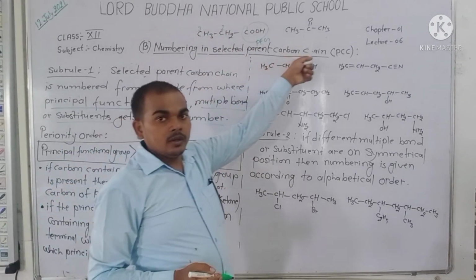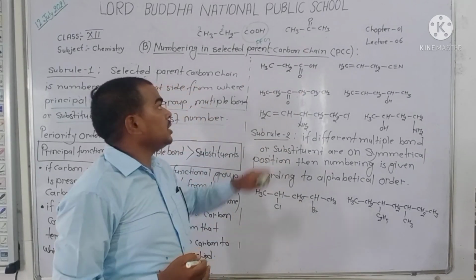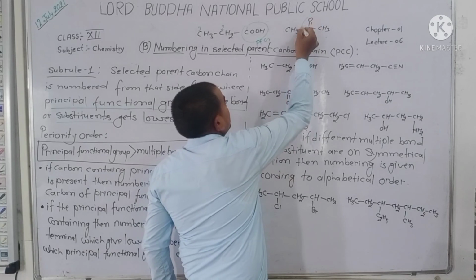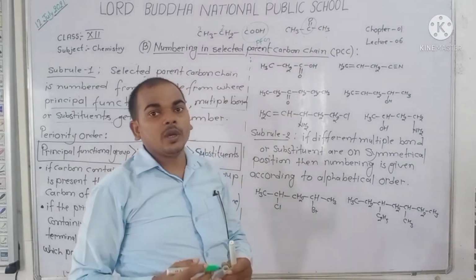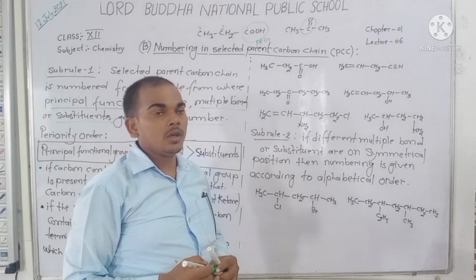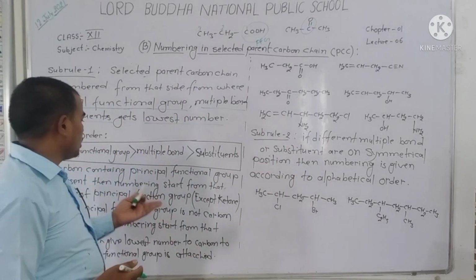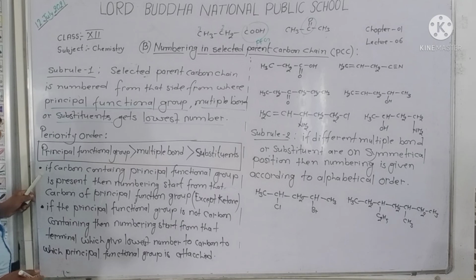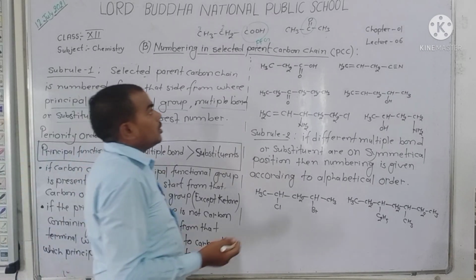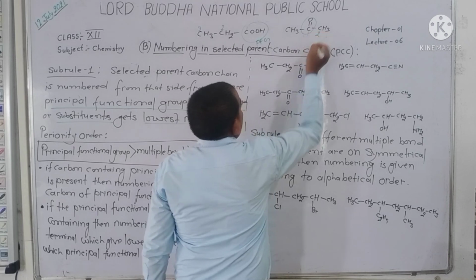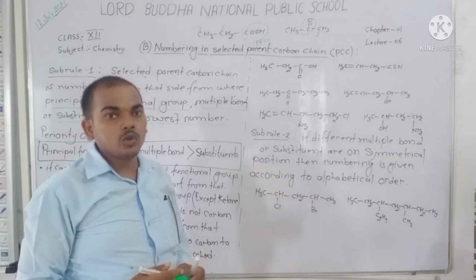In the example CH3COCH3, the principal functional group is ketone. According to this rule, you would count the carbon from the principal functional group, first, second, but it is the wrong method.